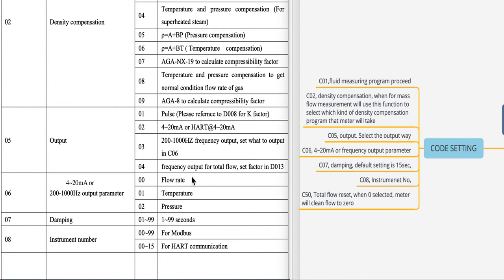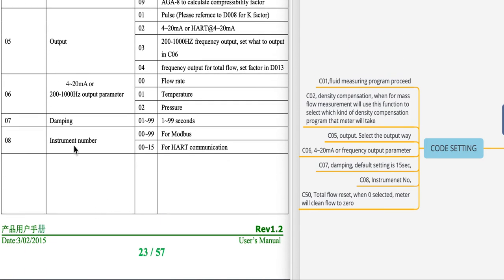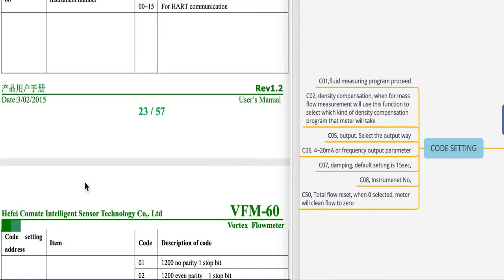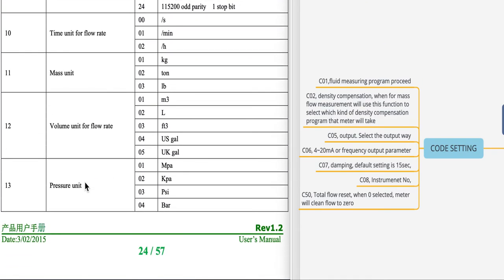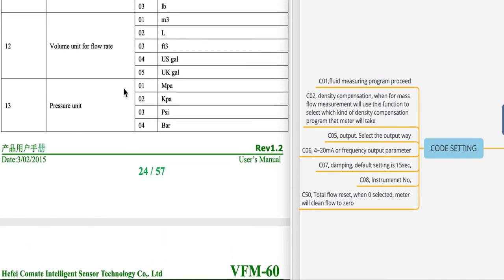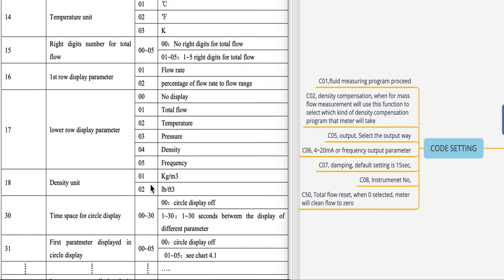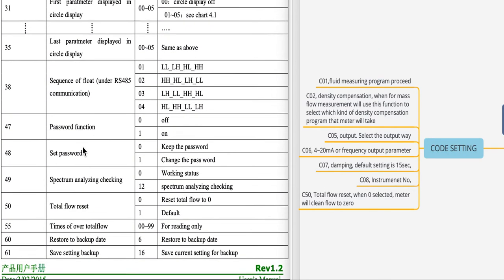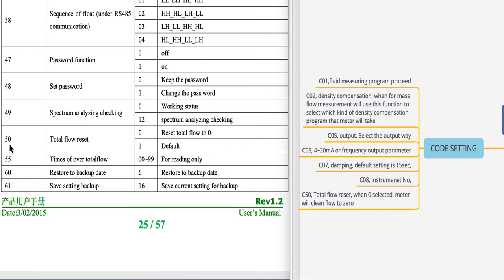CO6 is for what kind of parameters, output for 420 or frequency, and instrument number for modbus or heart, and the unit of time, mass flow, volume, pressure, and temperature. You can select these parameters. And C50, total flow reset.